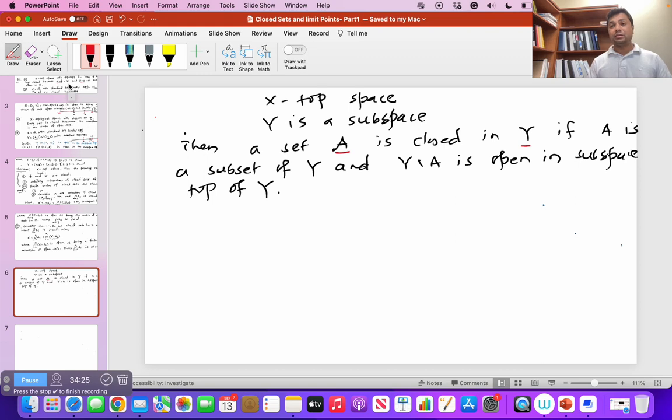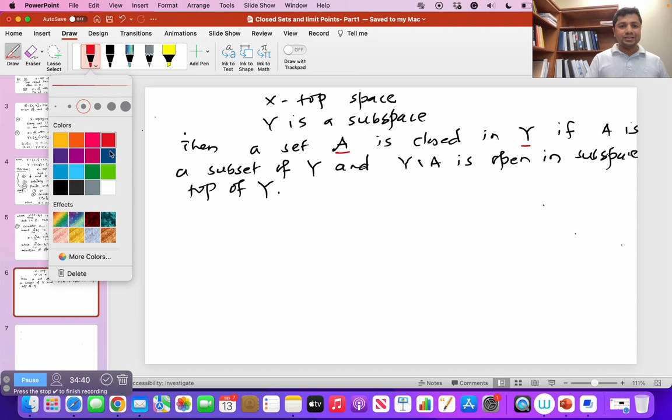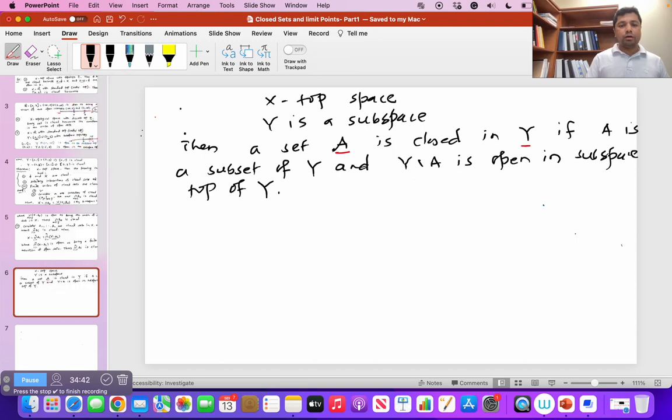The definition is similar to the closed set in a topological space, but we have to find that complement with respect to the subspace Y. So this is the definition of a closed set in a subspace.